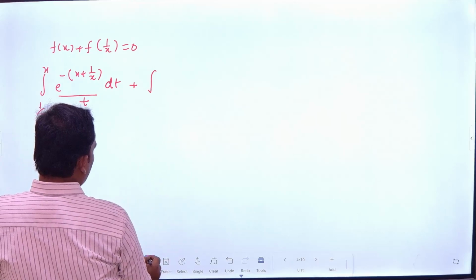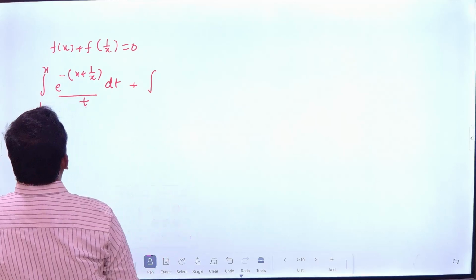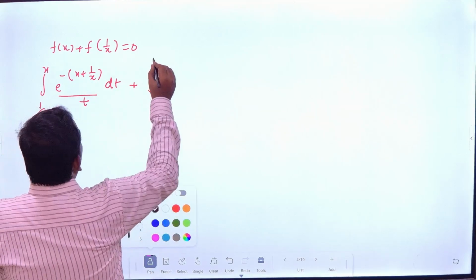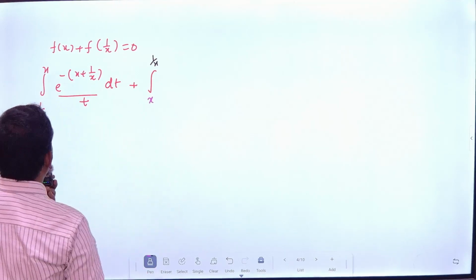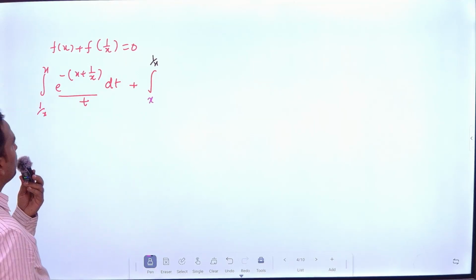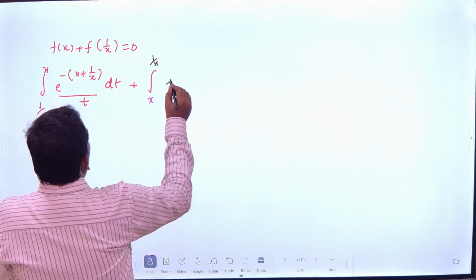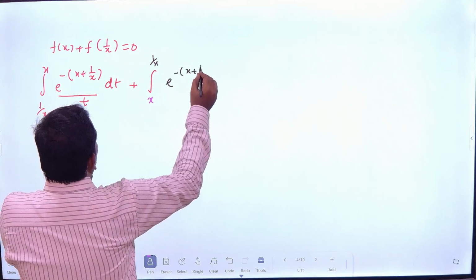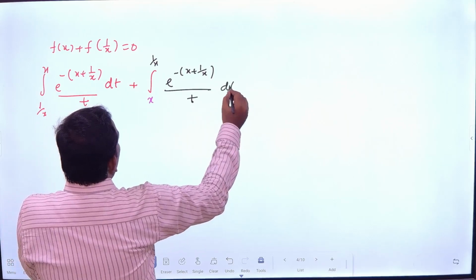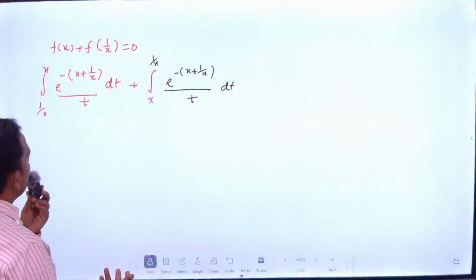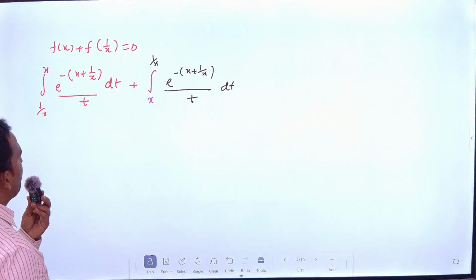Just I'm replacing x by 1 by x. Here it is 1 by x. Here 1 by 1 by x will be x, right? So e power minus x plus 1 by x whole divided by t into dt, right? You have to show that it is equal to 0, right?